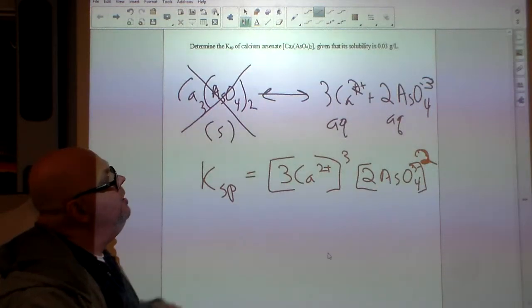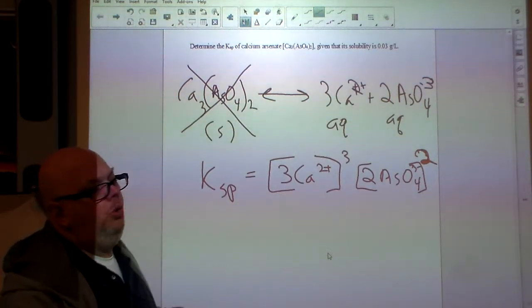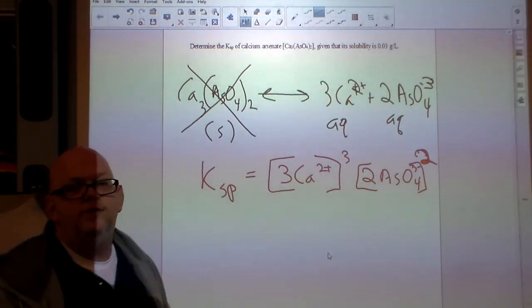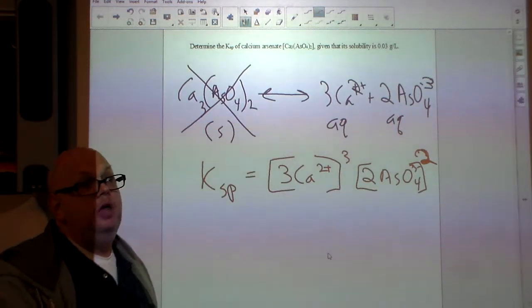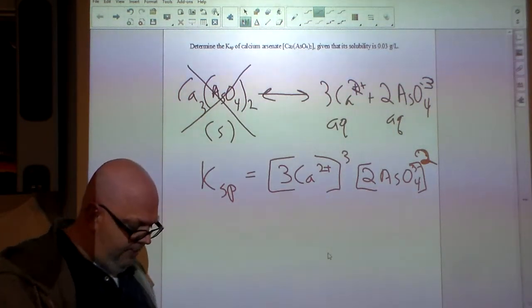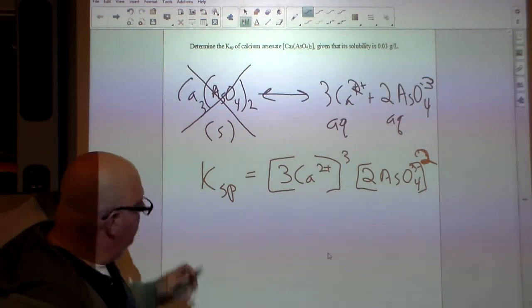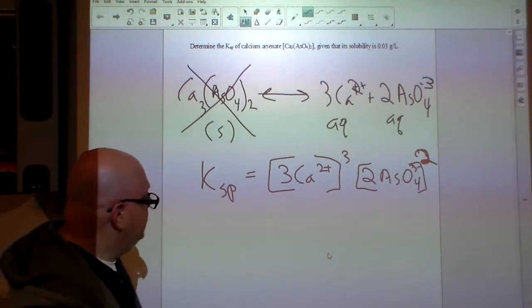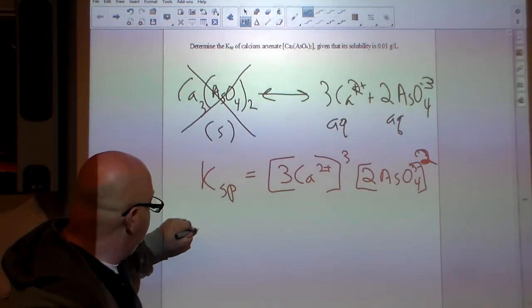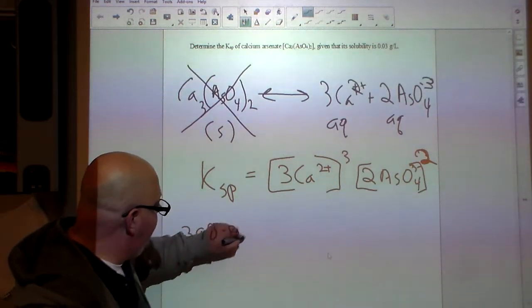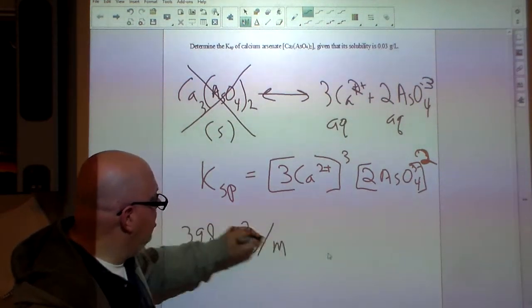Okay, so it's liters. That'll make things easier. Now we have to figure out how many moles of calcium arsenate we have, given that we have 0.03 grams, which isn't a lot if you stop and think about it. I figured out the grams per mole for calcium arsenate is 398.08 grams per mole.